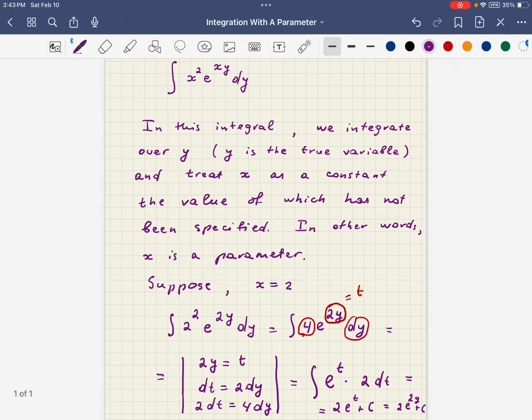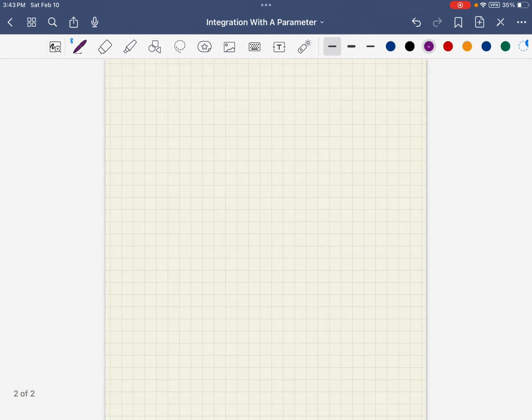And you can take this calculation that we just completed as a guiding example to finish the calculation of the integral in general. Okay, so let's now complete the integration of the original integral.